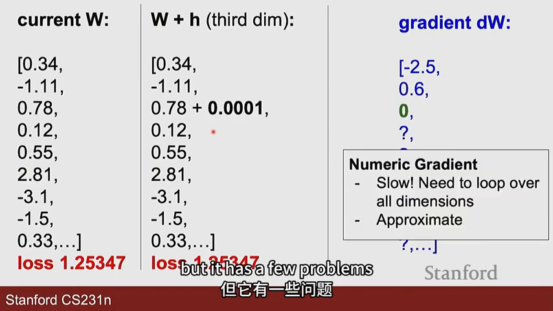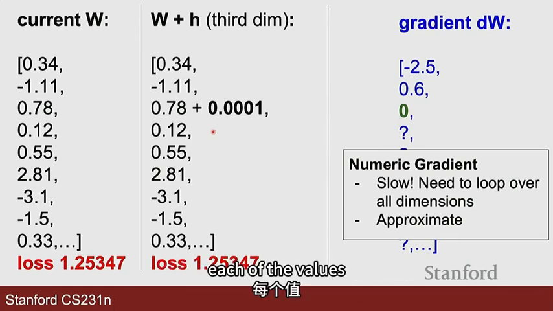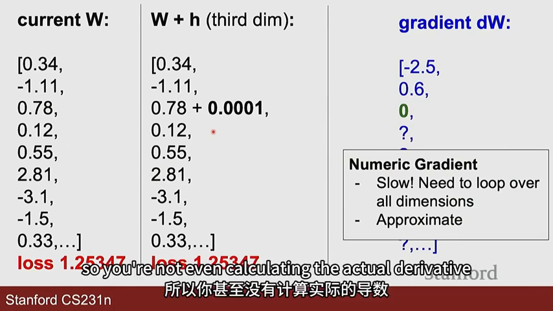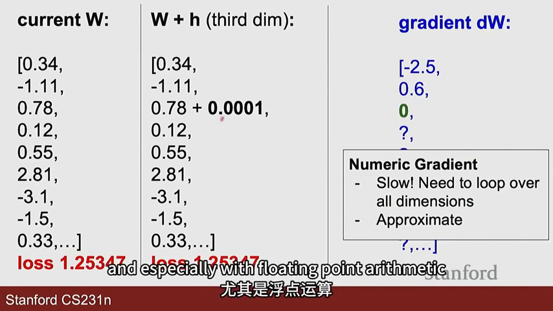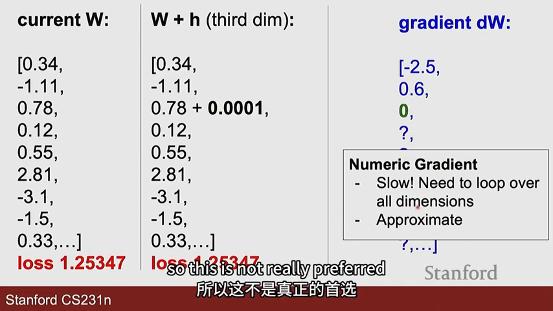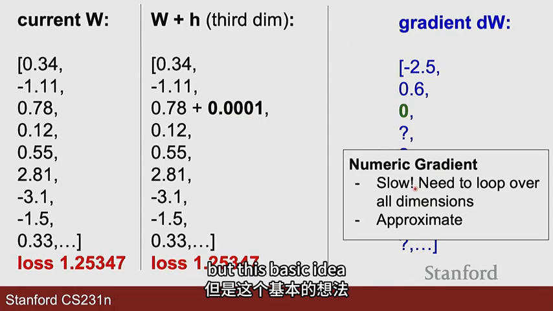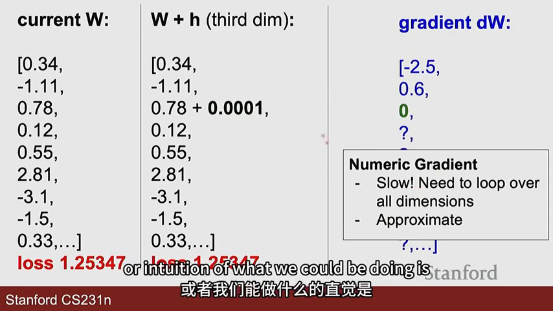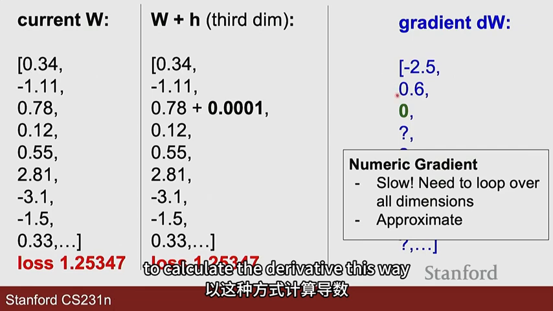But it has a few problems. It's very slow because you need to loop through each of the values. It's also approximate, so you're not even calculating the actual derivative, and especially with floating point arithmetic, you can get pretty significant errors here. So this is not really preferred, but this is the basic idea or intuition of what we could be doing to calculate the derivative this way.